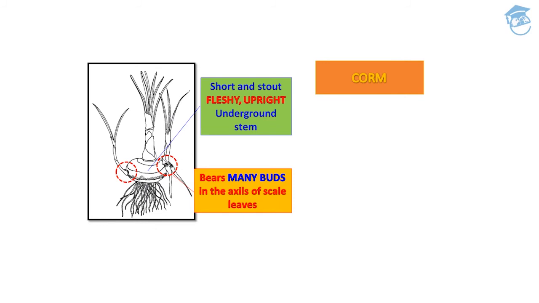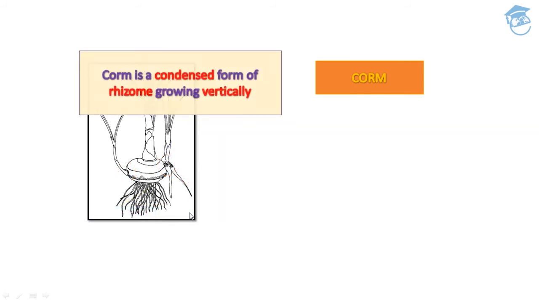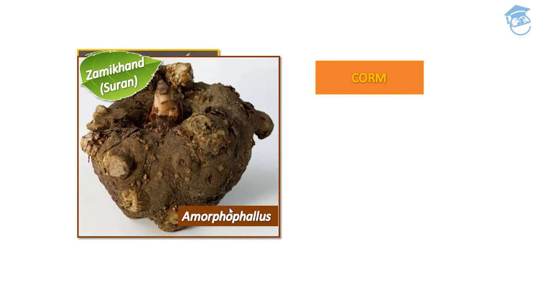See, these are the scaly leaves, and these are the buds, adventitious buds, of course, and these are the adventitious roots. Corm is a condensed form of rhizome that grows vertically, as you can see in Arabi, whose botanical name is Colocasia, and Jamikand, which is also called Suran, whose botanical name is Amorphophallus.